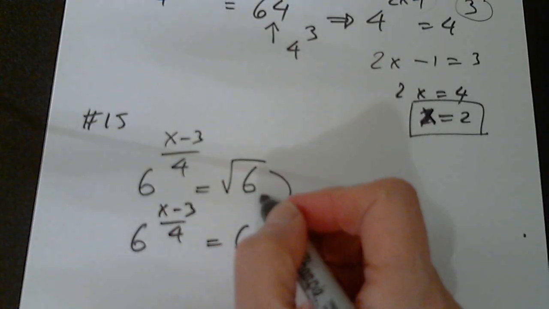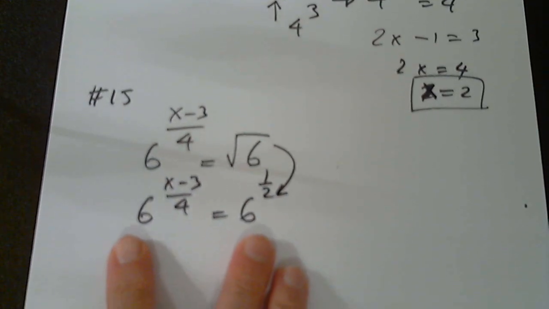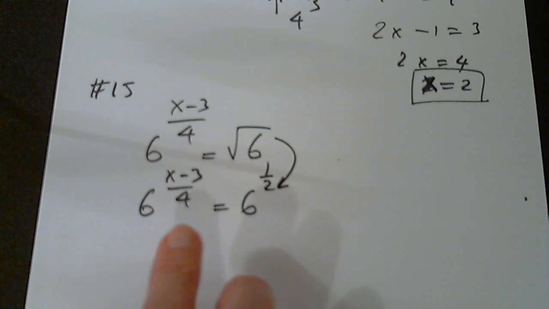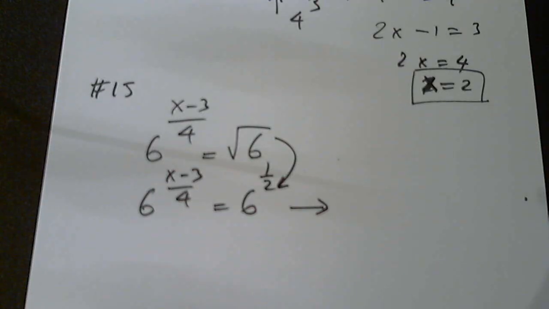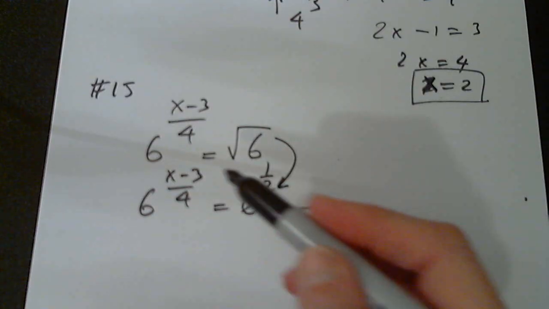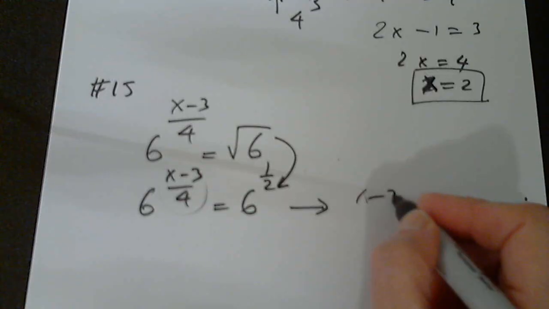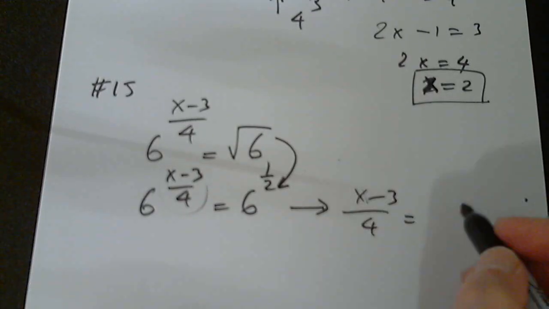1/2. Very good, awesome. Two exponential notations have the same base and they're equal to each other. What has to happen? Otherwise, they cannot equal each other. What should I write? That x minus 3 over 4 must equal 1/2.